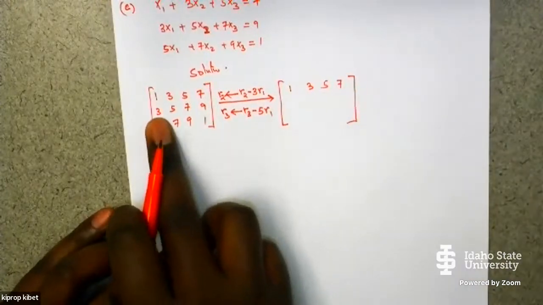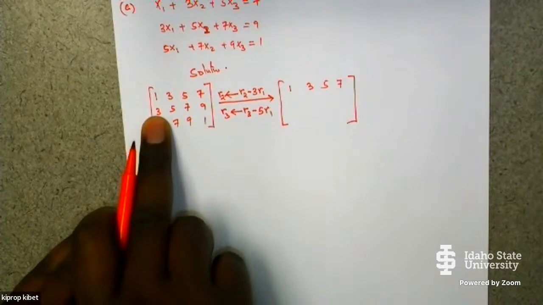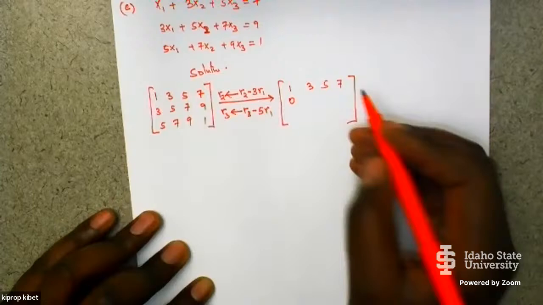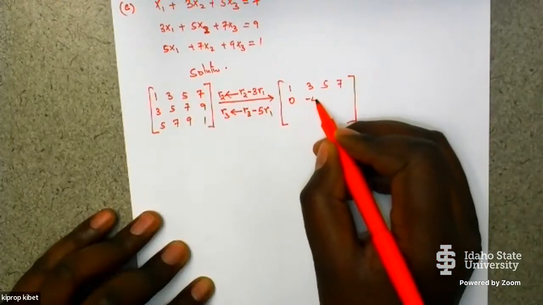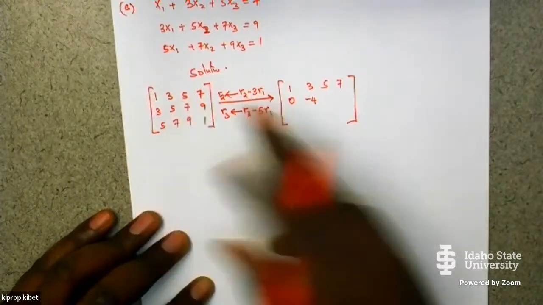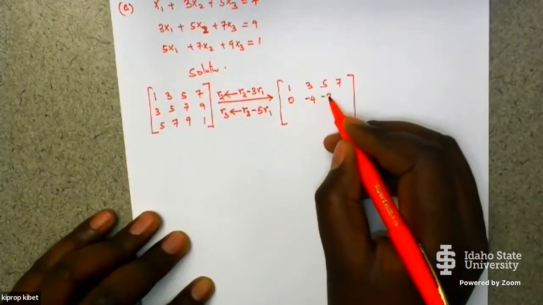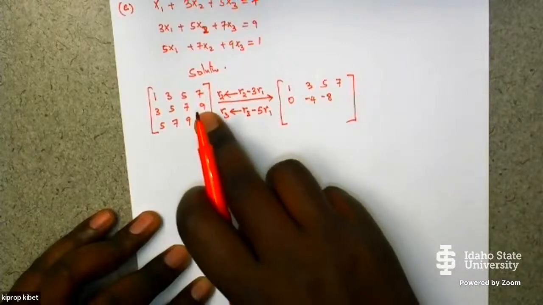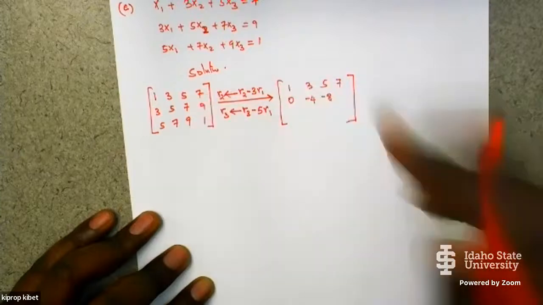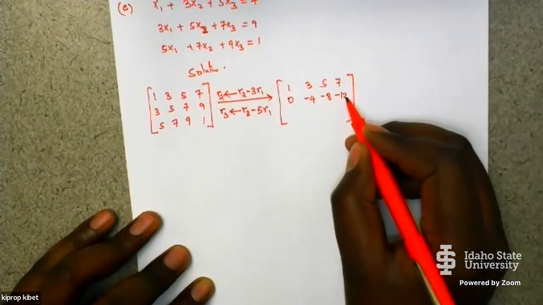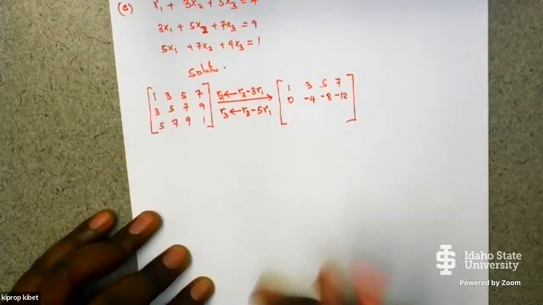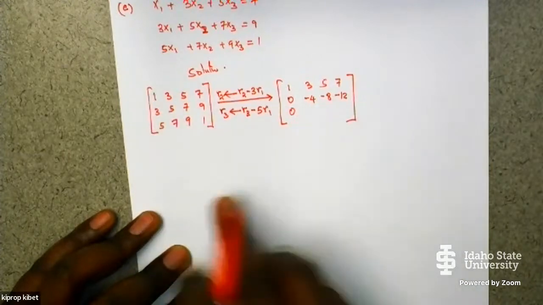And then the next one is 3 minus 3 is 0. 5 minus 9 is minus 4. 7 minus 15 is minus 8. And then 9 minus 21 is what? Minus 12. And then the last one here is 5 minus 5 is 0.